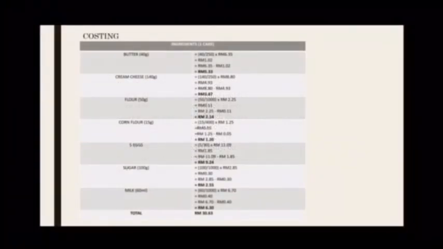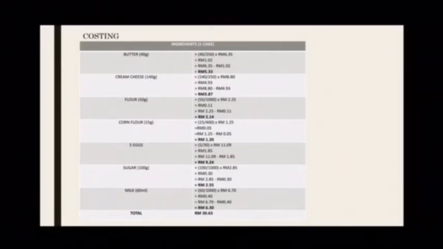Okay, this is our costing for one cake. Butter 40 gram. The price for one butter is 6 ringgit and 35 cents. So the cost for butter is 5 ringgit and 33 cents. Cream cheese 140 gram. The price for one cream cheese is 8 ringgit and 80 cents, and then we minus.